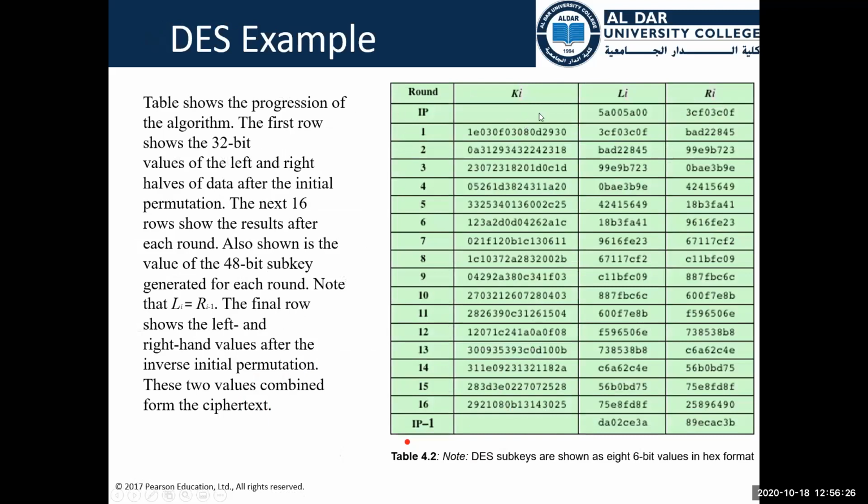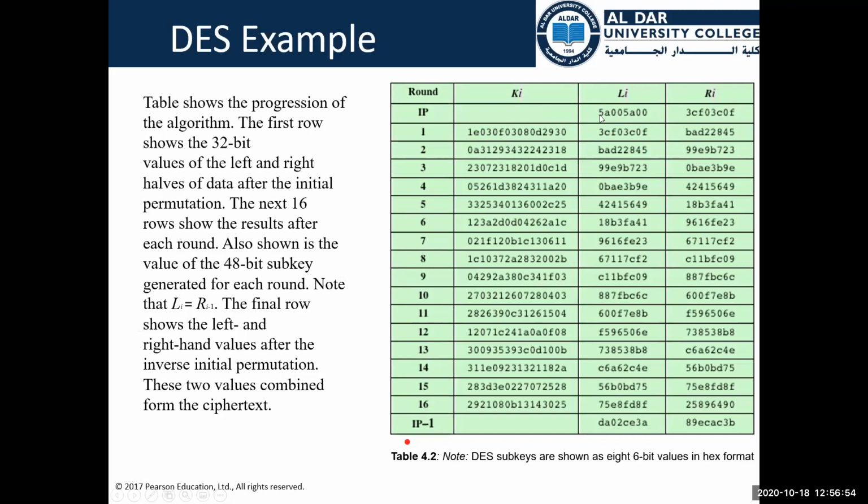Actually, you look at the right hand side and see we have here Li and Ri, the 64-bit block divided into 32 bits here and 32 bits here. This is hexadecimal, meaning we have 1, 2, 3, 4, 5, 6, 7, 8, so 8 multiplied by 4. Why?